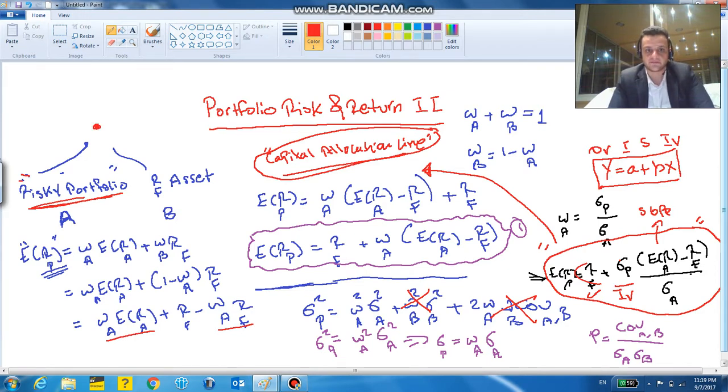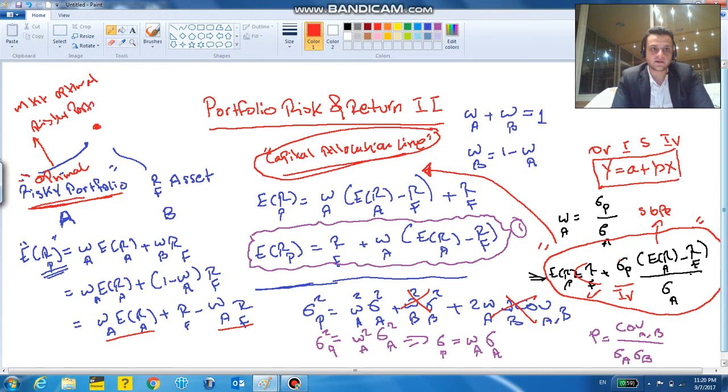Only if, and this is impossible of course, all investors in the market have the same expectations, they call it homogeneous expectations with regard to the asset's future risk and return, meaning that they all have the same optimal risky portfolio, then we call this optimal risky portfolio the market optimal risky portfolio.